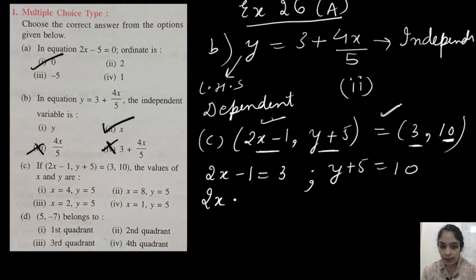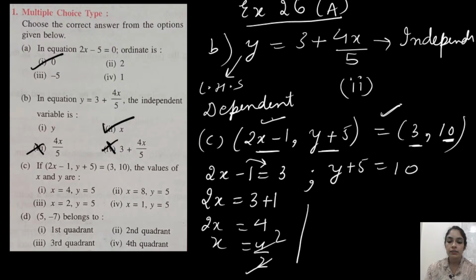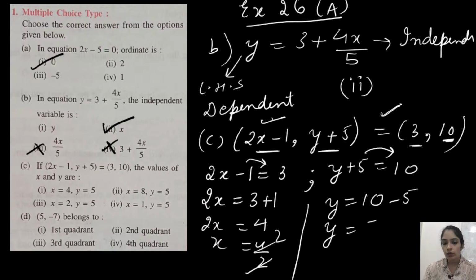When we simplify, 2x is equal to 3 plus 1, so 2x is equal to 4, then x is equal to 4 by 2, so x equals 2. In the same way, let's solve for y. We shift this 5 to the other side: y is equal to 10 minus 5, that means y is equal to 5. So for the third one, x is equal to 2 and y is equal to 5.